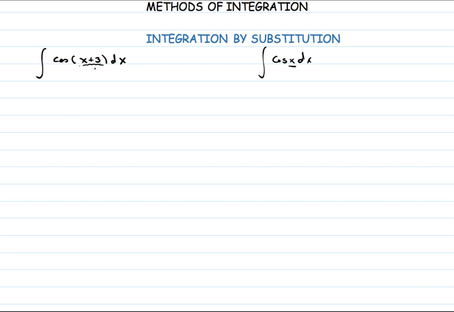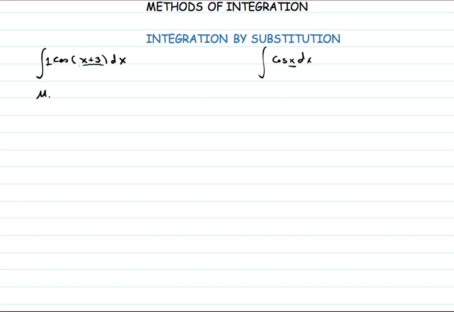Now, whenever we have an expression like this, we should always remember that this expression is being multiplied by a constant 1. If you take only this expression here, the derivative of this is going to give us 1. So we can take this one as u.